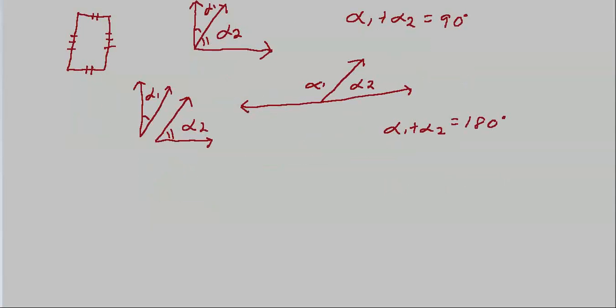There's a couple more types of angle pairs that you need to know about. They're also fairly simple. The first one, well, I might as well just use what I've already drawn here. Not only are these two supplementary, they're also called a linear pair.